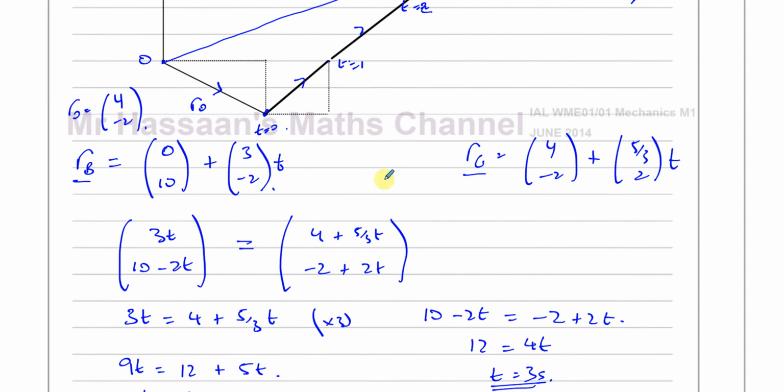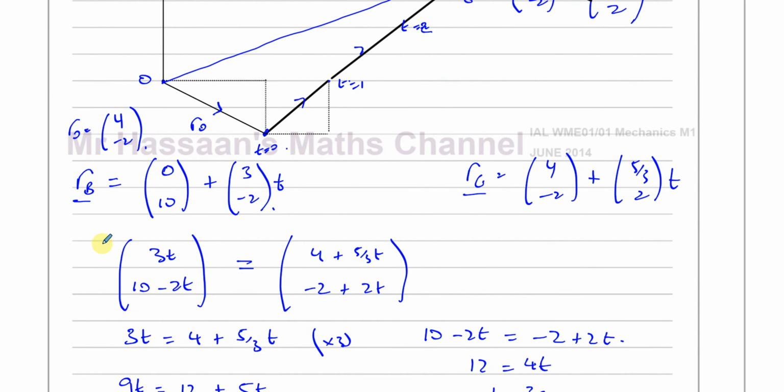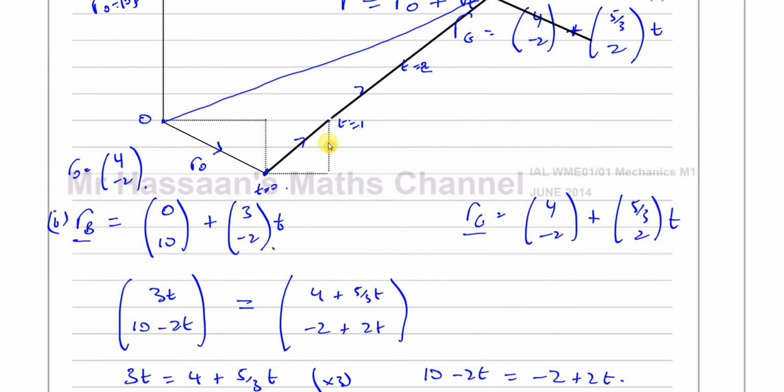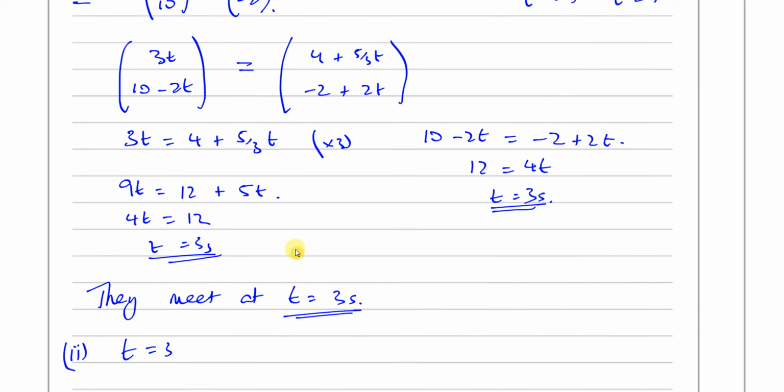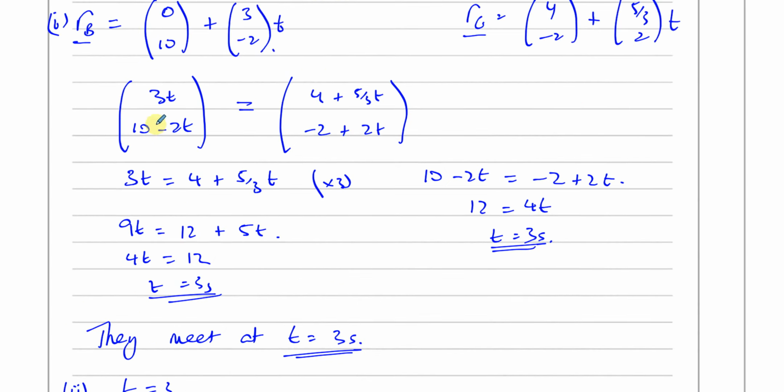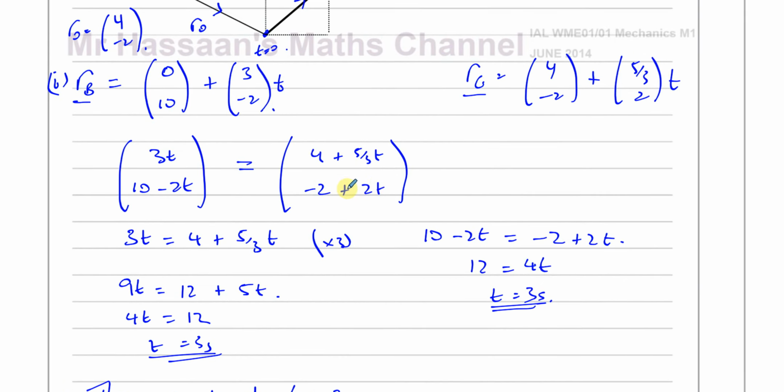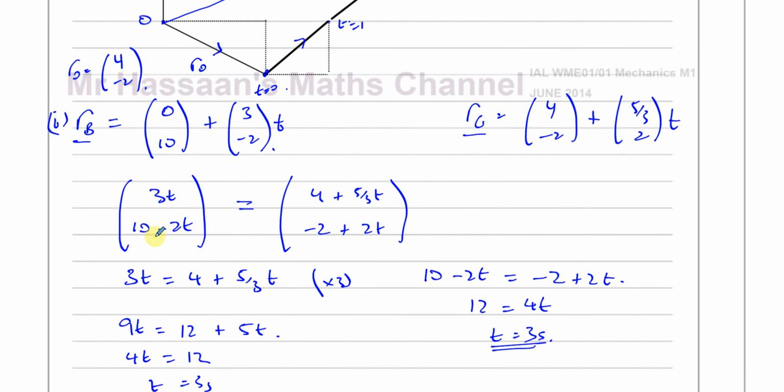Okay, and that's part 1. Find the value of t when they meet. And to find the position vector of P, we can actually put t equals 3 into any of those two equations. I think the one for the boy is easier to deal with, which is this one here, 3t and 10 minus 2t.